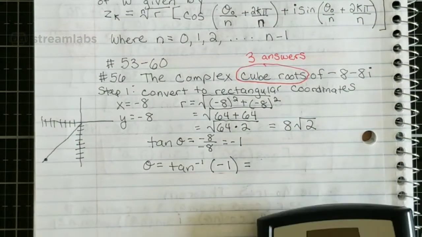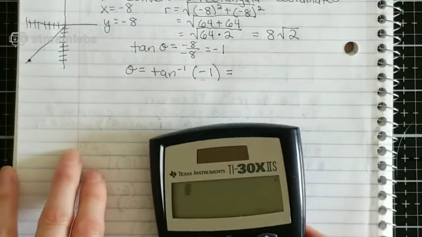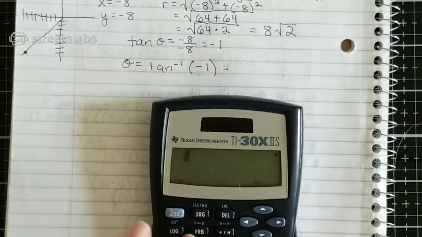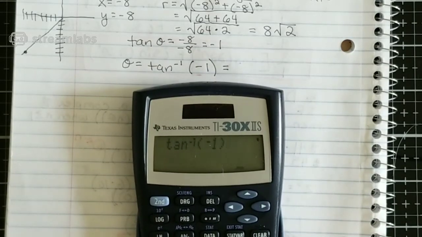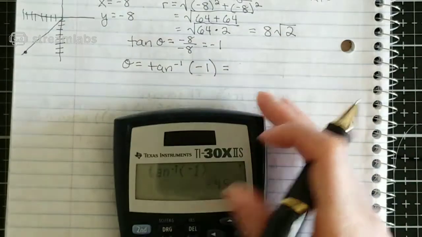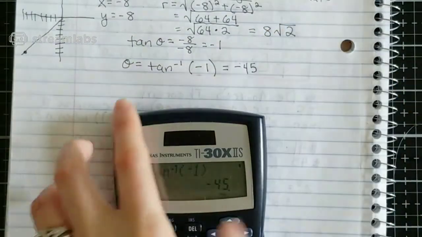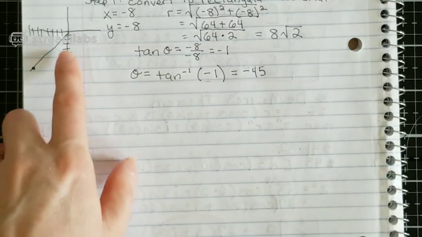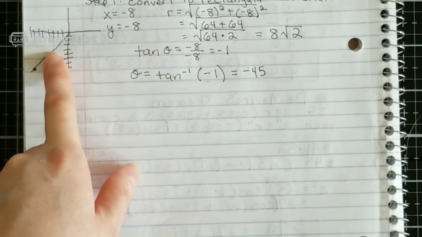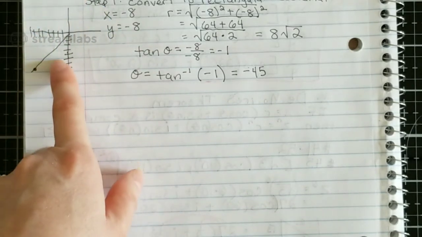All right, so we're going to type that in. Okay, second tan inverse 1. So that gives me 45. Okay, now the thing is I am not in quadrant 1. This is this quadrant here. So I need to figure out what that angle really is.